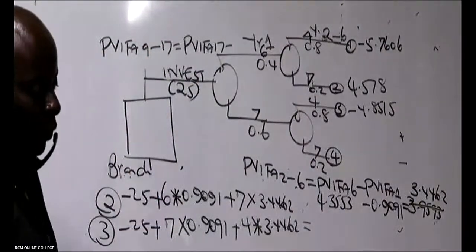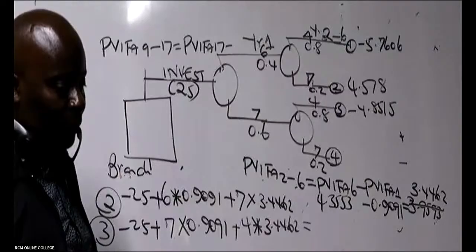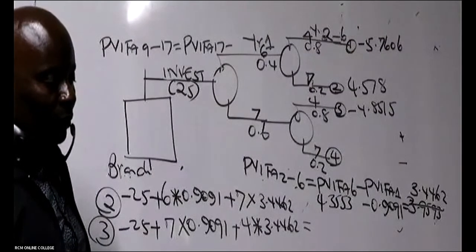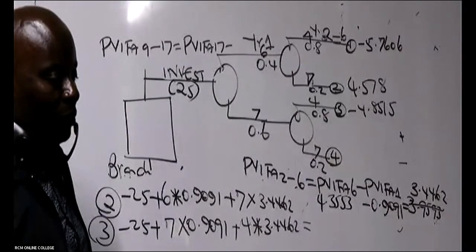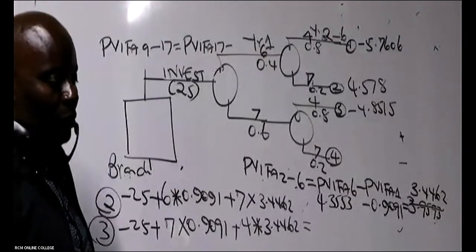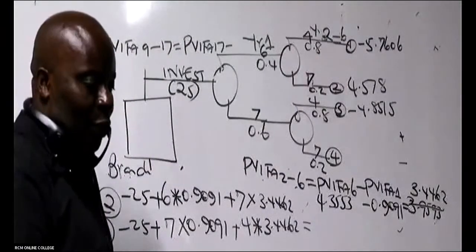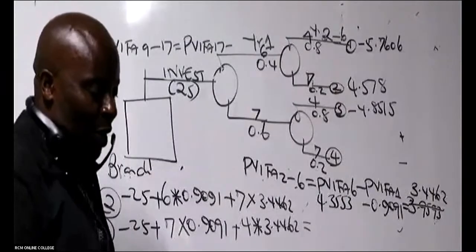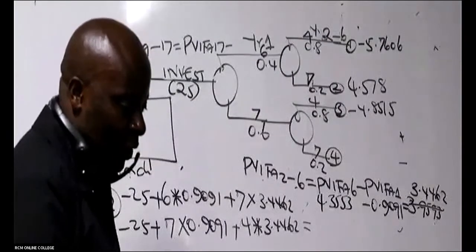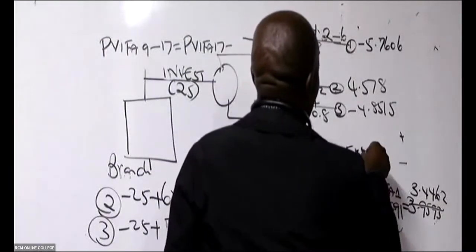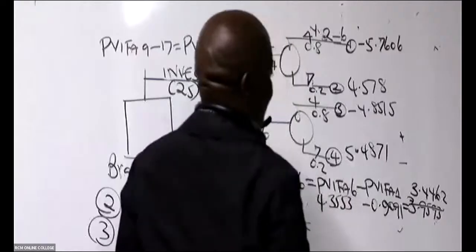And then now we go to branch number 4. Just try. For branch number 4 we have Margaret with 5.4871.